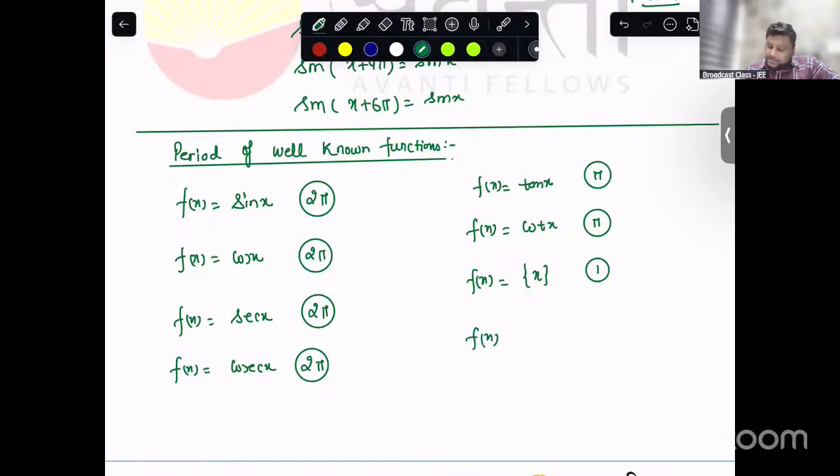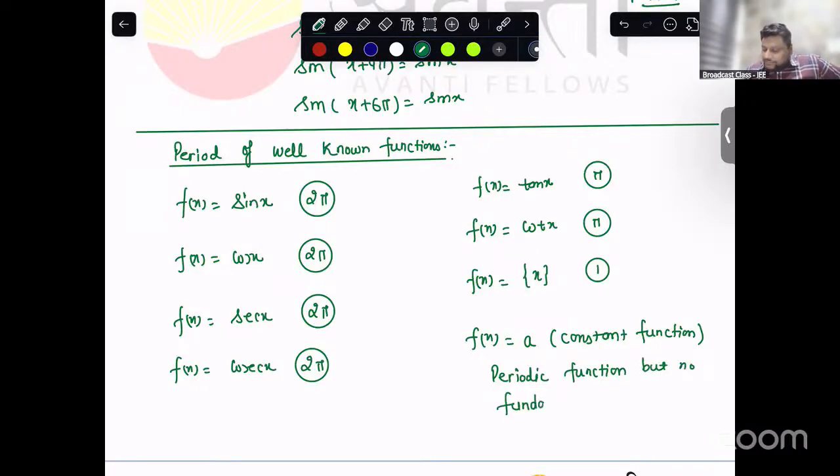Then there comes f(x) equals a constant, say 3, or I should directly write f(x) equals a. So this is a constant function. In this kind of function, we say it is periodic, but no fundamental period is defined.